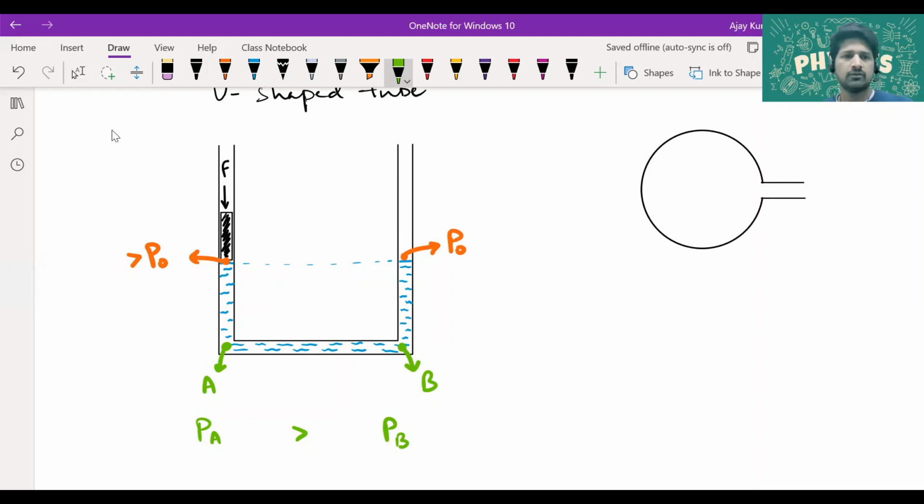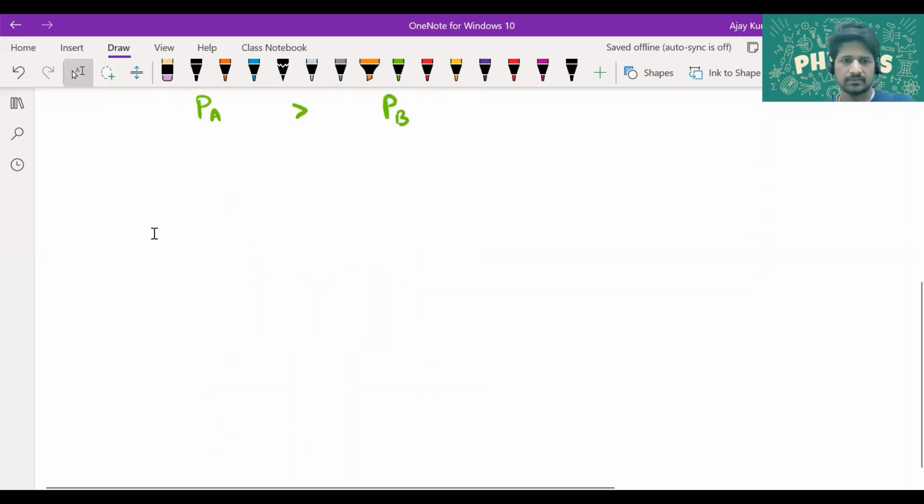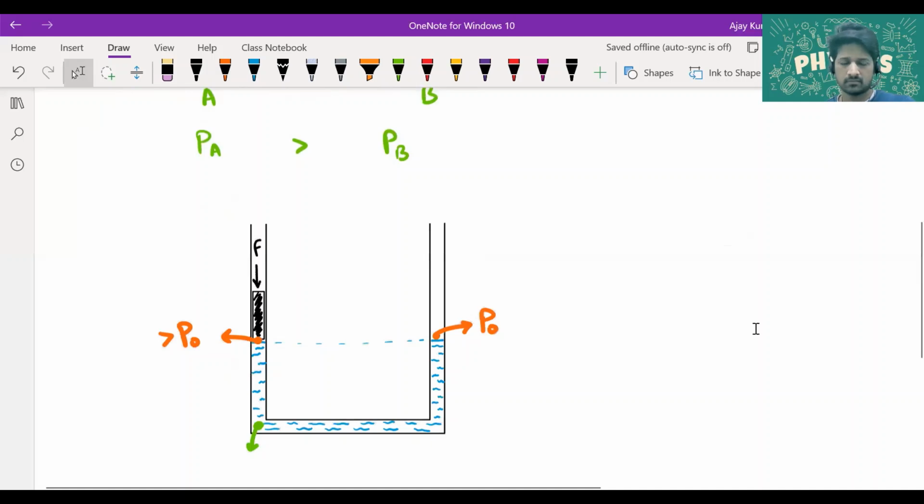Fine. So if you visualize that situation, when there is additional force acting on the left side, what happens is something like this. On the left side, the liquid level will go down, and on the right side, it will rise up.